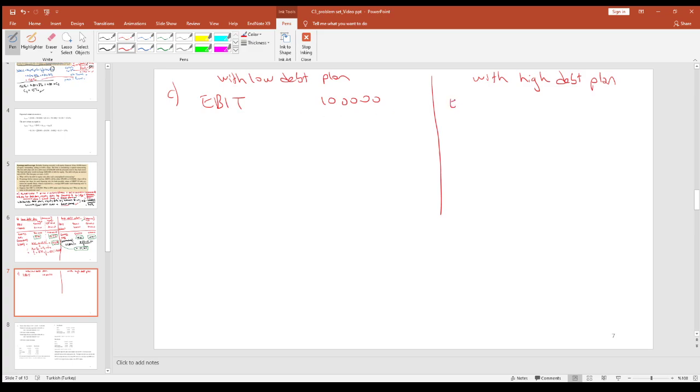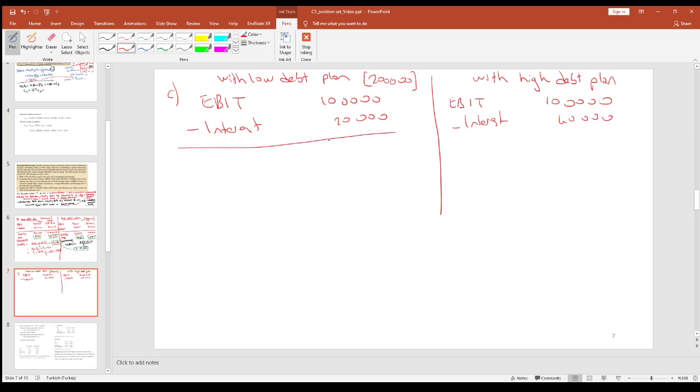So again, let's write here earnings before interest and tax will be $100,000, less interest. If you remember, in this case the interest was over $200,000. You are going to pay $20,000 interest, and here, if you remember, you are going to pay $40,000 interest.